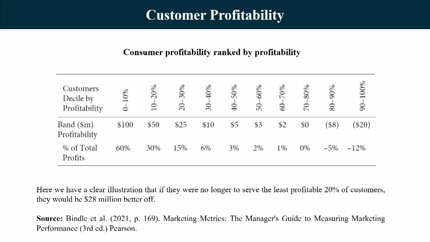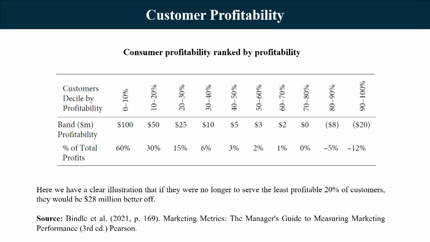But if you have a critical look at the bottom 20 percentile, they are actually contributing negatively to the profitability. The 80 to 90 percentile are causing a loss of 8 million, and the bottommost 10% are causing a loss of 20 million.